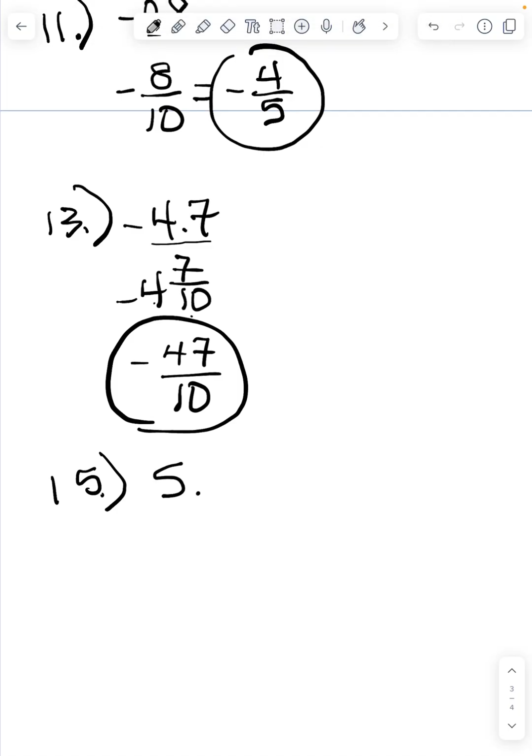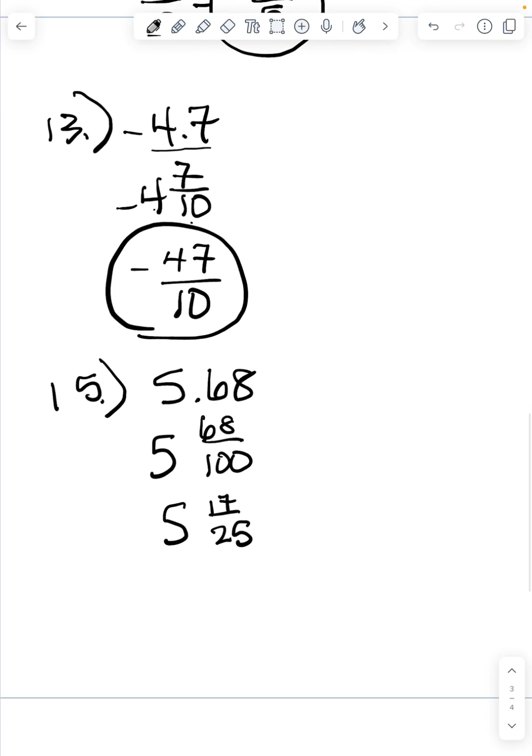So let's do 5 and 68 hundredths is what we've got. So that can be written as 5 and 68 over 100. And then if we reduce this, we end up with 5 and 17/25. Both divide by 4.